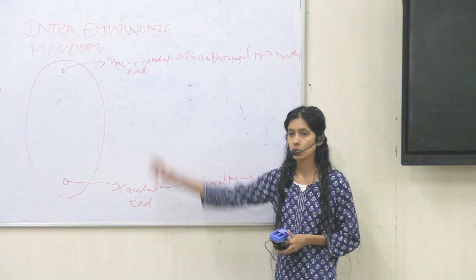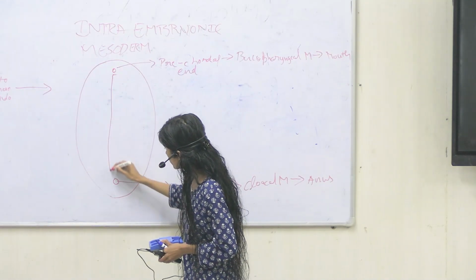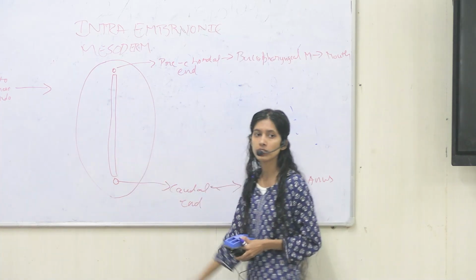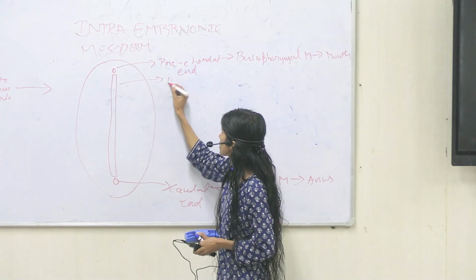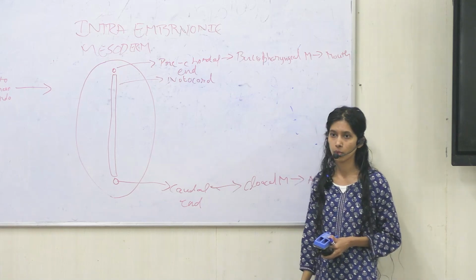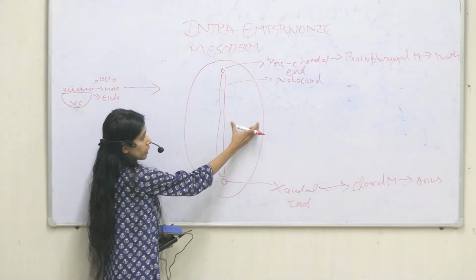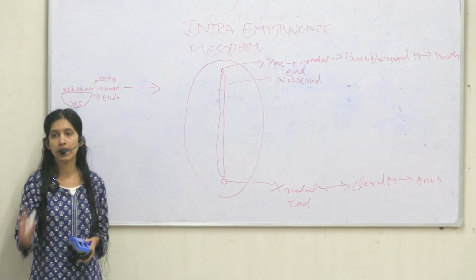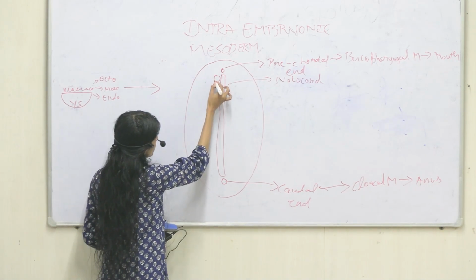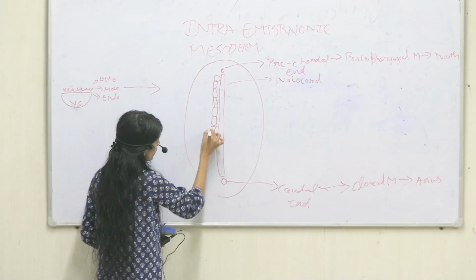Okay, between these two ends we can see the presence of a rod-like structure like this. This will be your notochord. Now on either side of the notochord we are left with mesoderm part, right? So this mesoderm part is divided into three parts again. Right next to the notochord we can see a layer of cuboidal cells like this.